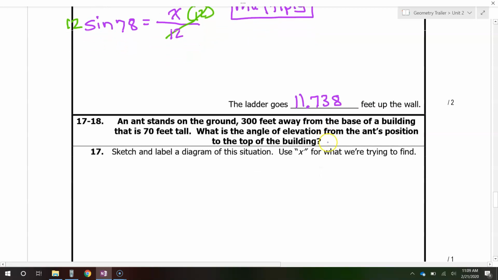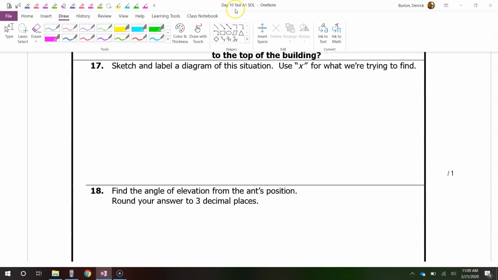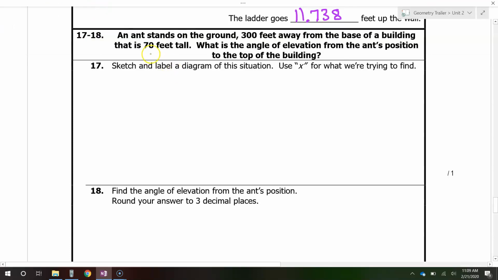All right. New problem. An ant stands on the ground 300 feet away from the base of a building that is 70 feet tall. What is the angle of elevation from the ant's position to the top of the building? So looks like we have to draw our own diagram.